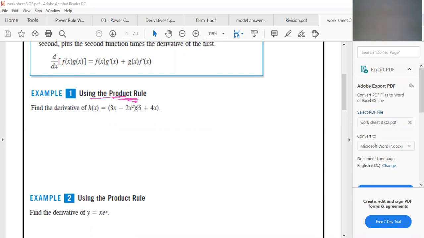In this case, we have a product of two brackets. I name the first bracket u and the second bracket v. I prefer this way to avoid careless mistakes. u is the first bracket, which is 3x minus 2x squared.